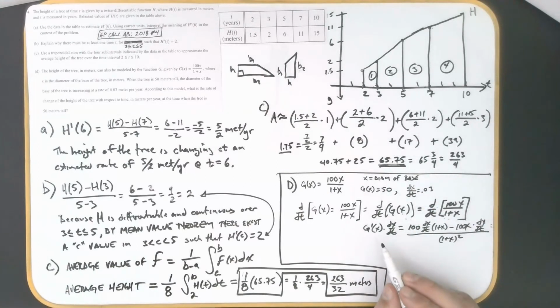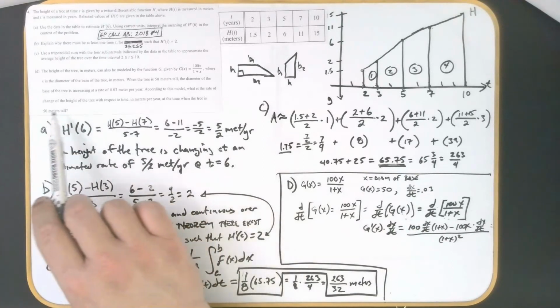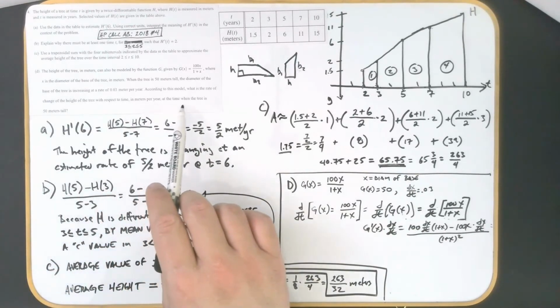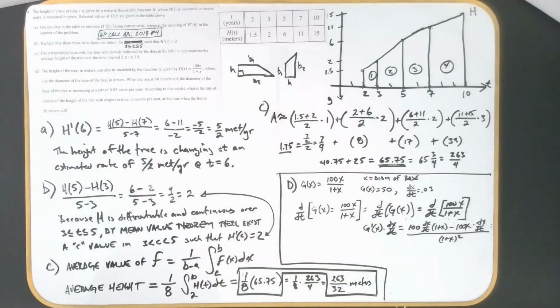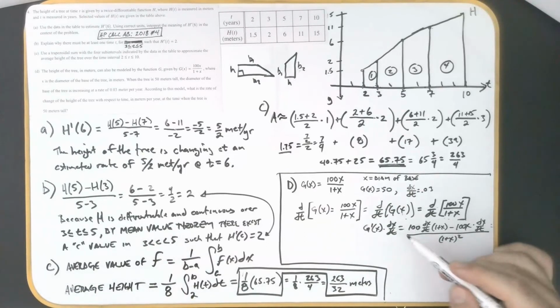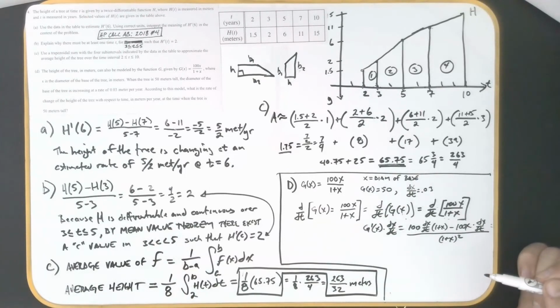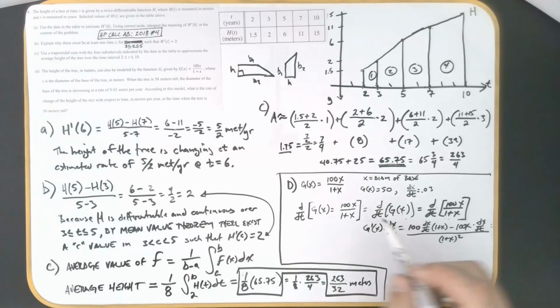So now what the question says is, find, and this is another added wrinkle to this, what rate is this happening at the time when the tree is 50 meters tall? Well, you guys, I have to figure out what x is. And this is where a lot of students were stuck. So what I want to bring you back to is this little formula.